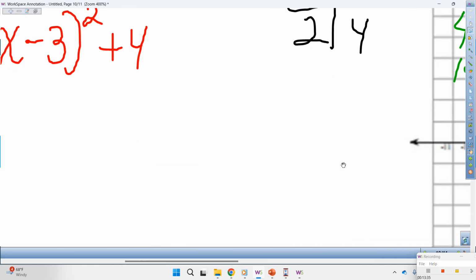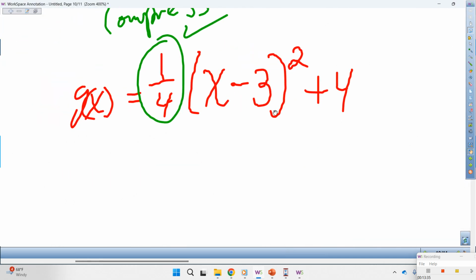According to our new function, where are we moving those 5 points? Tell your neighbor. Where are we moving those 5 points? Then Joseph's going to pass it to someone. I'm going to switch to blue. Joseph? Elijah, where are we moving those 5 points? 3 to the right and 4 up.